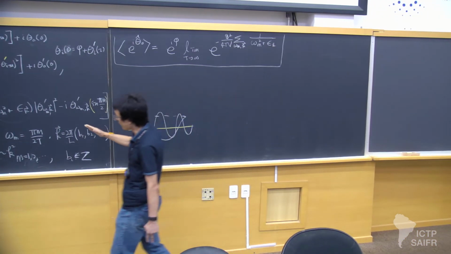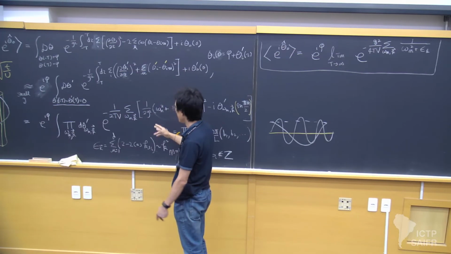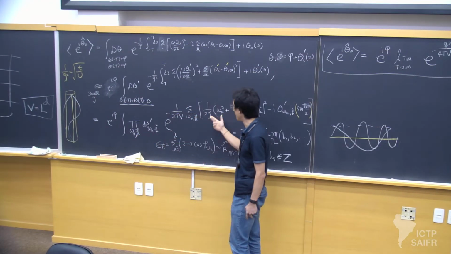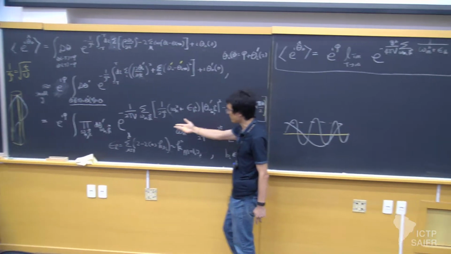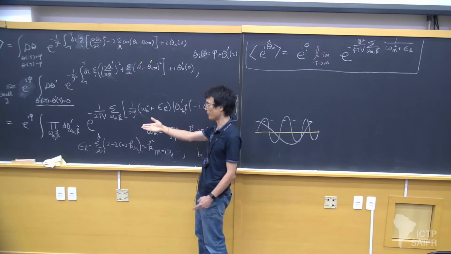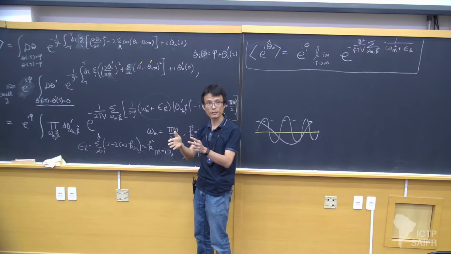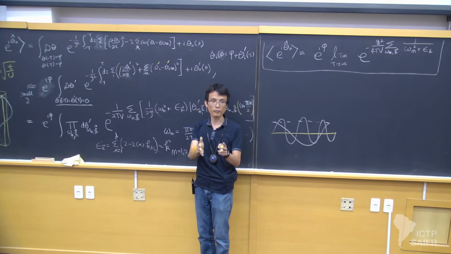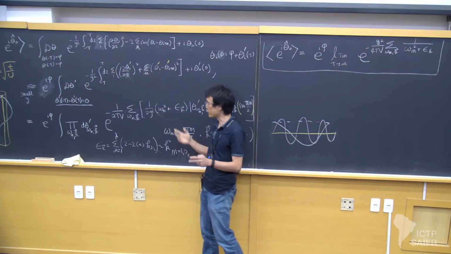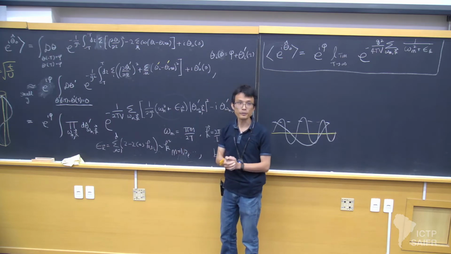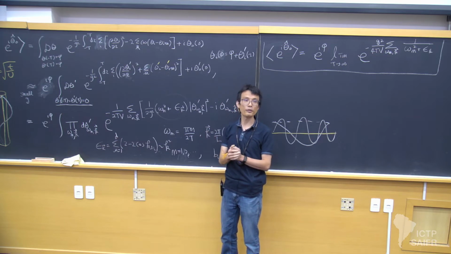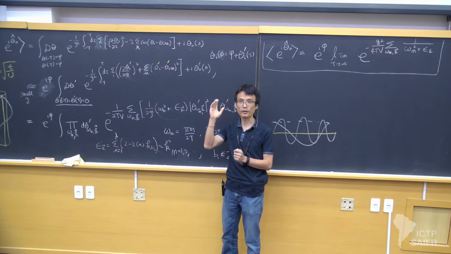And then for each frequency and each momentum mode, I have some expression to integrate. Now it's a finite dimensional integration, just one complex variable integration for each omega and each k, right? And this integration is something we can do exactly, called Gaussian integration. How many of you have done the homework?